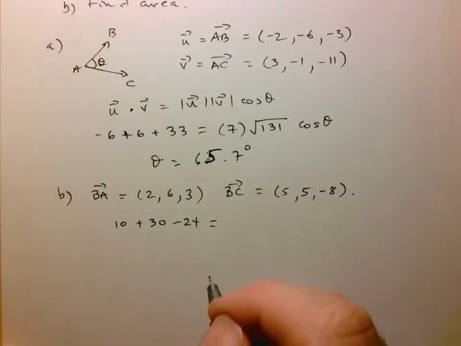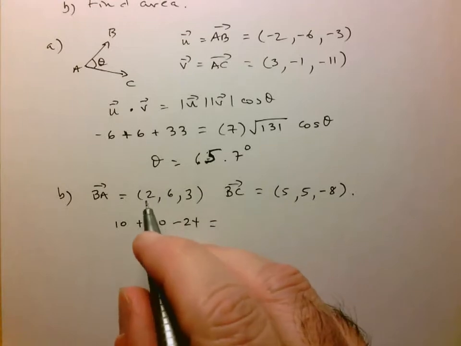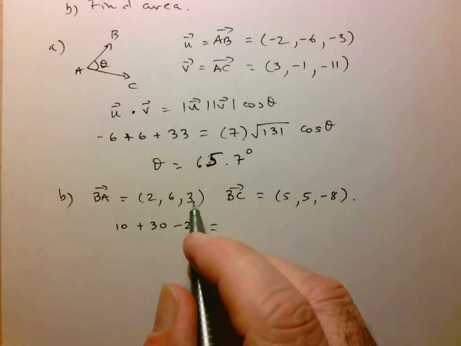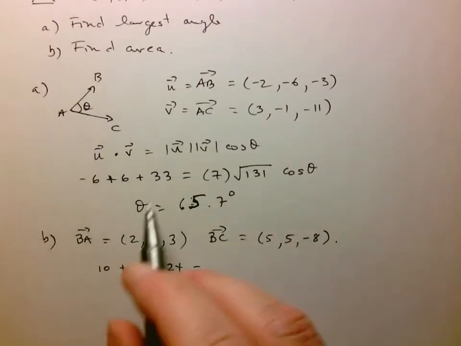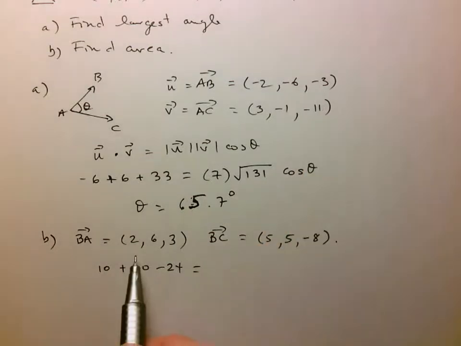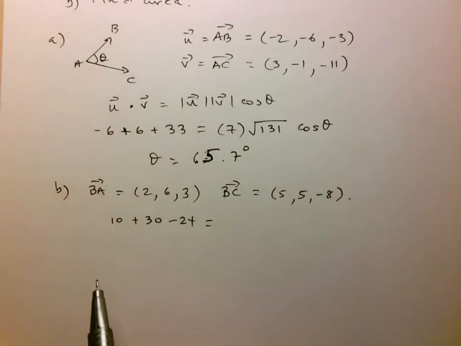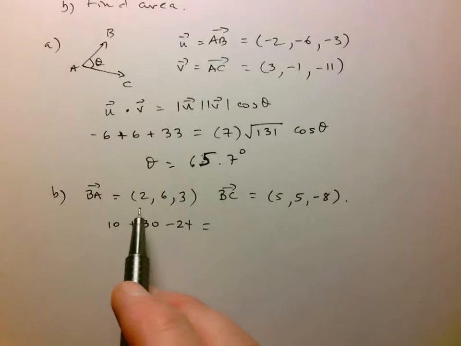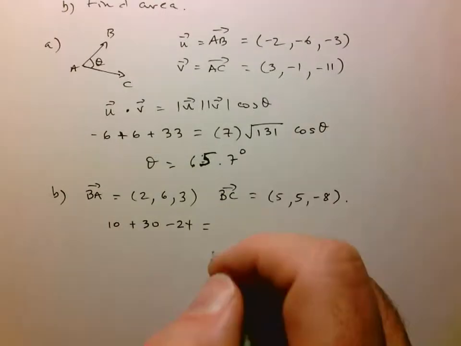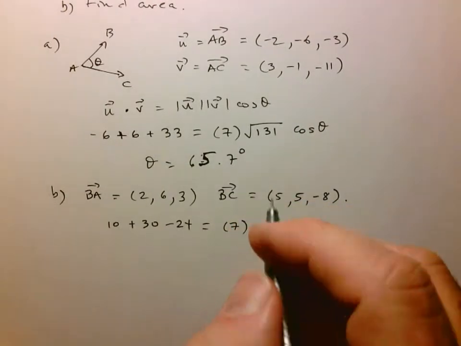I just realized, by the way, that when I found BA, I actually didn't need to, since it's just the opposite of AB. I could have just taken the negative of it. The magnitude of AB is the same as BA, and that was our 7, so we got 7 again.